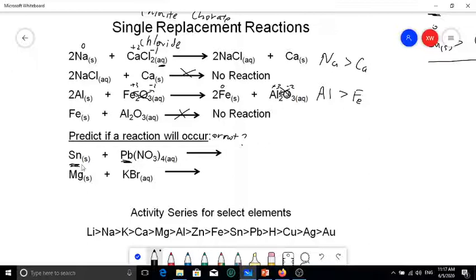Now when you look at the tin and the lead, find where they are. Here they are. They both are not very active, so they're on the relatively less active half. But tin is still more active than the lead, so that means this reaction will happen also. Yes, reaction.